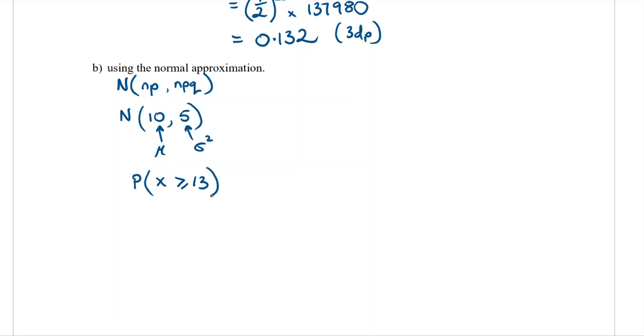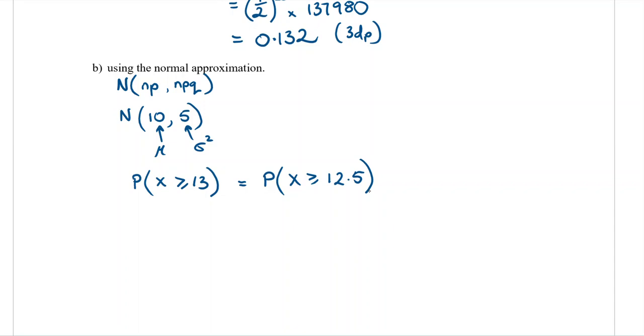Because I'm now going from discrete data into a continuous scale, there's only 20 scores in this thing. This is quite a small number that we're using here. We need to use a continuity correction. So I'm going to change this to be that x is greater than or equal to, what is it going to be? 12.5. You do half a unit below.